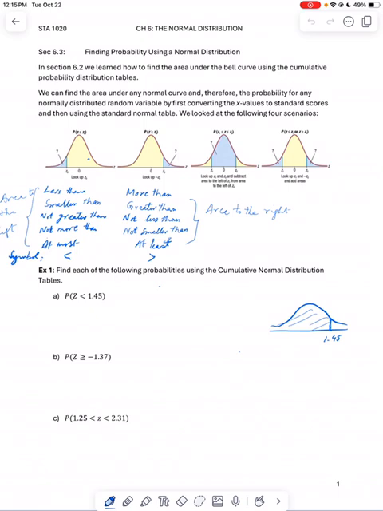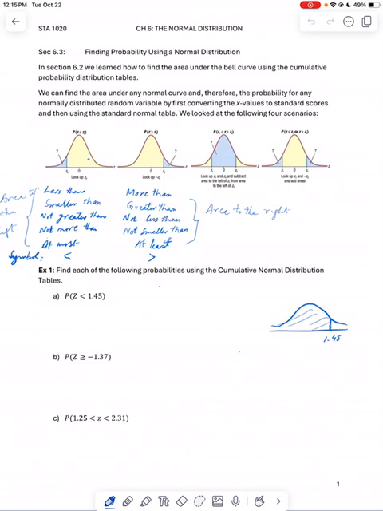So when we have to find the probability of some random variable being less than or greater than or between two values or outside those two values, we can use this normal distribution table. So you learned when it means to be area to the left, and so when do we calculate the area to the left of a z-score?